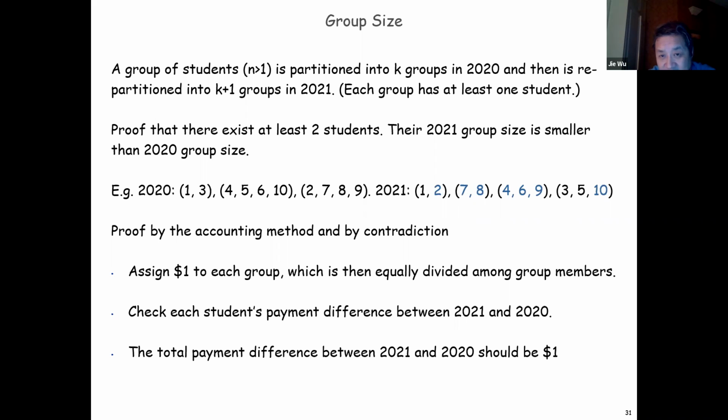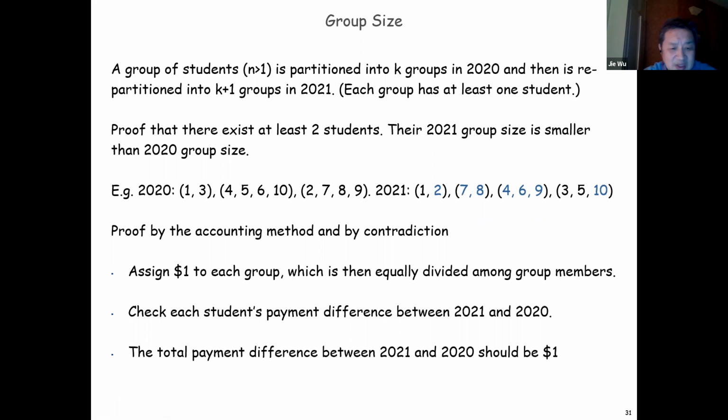So then you get the result. Because totally you have $4 assigned in 2021 and $3 in 2020, you need at least 2 guys who have a larger number than last semester. So that solves the problem. It's a very elegant way to prove it. You only need elementary math to prove this difficult problem.